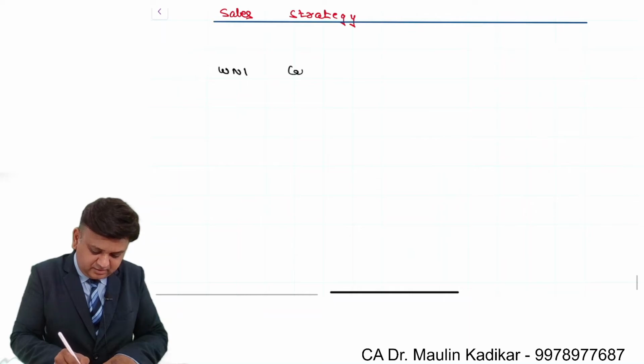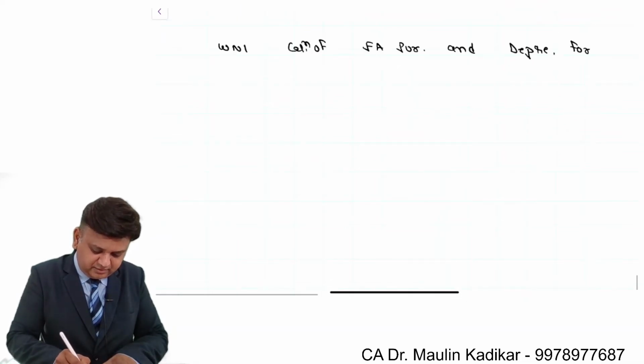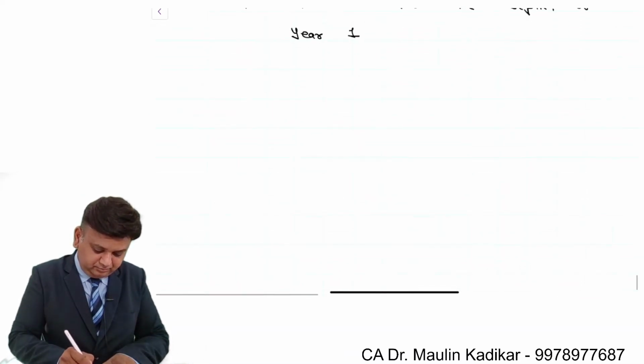Working note number 1, calculation of fixed asset purchase and depreciation for year 1. In that, particulars, amount.